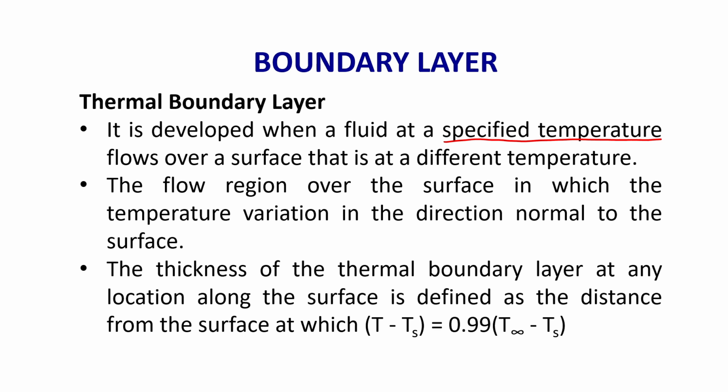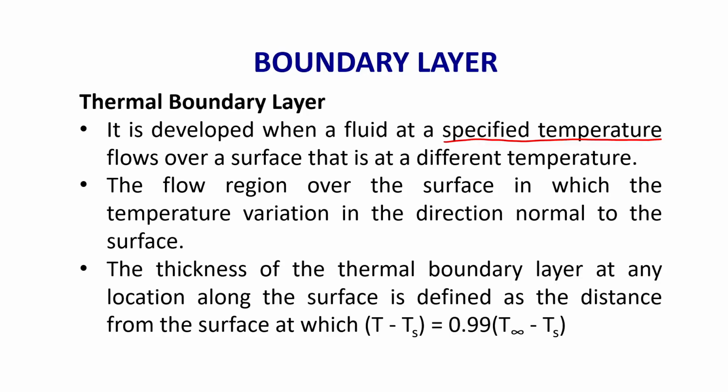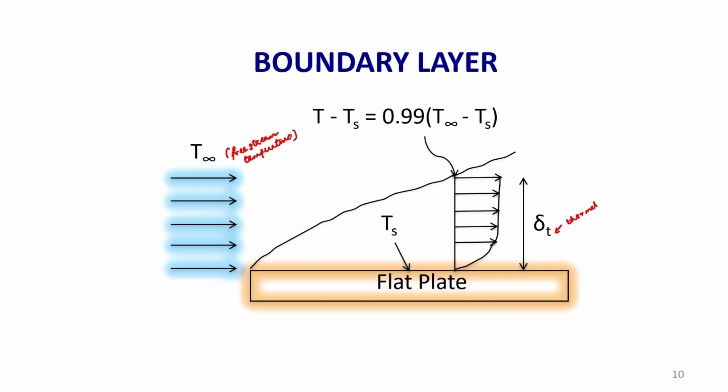That means there is a difference in temperature between the surface temperature and the fluid, which is flowing with the free stream temperature. The flow region over the surface in which there is temperature variation in the direction normal to the surface is called the thermal boundary layer.